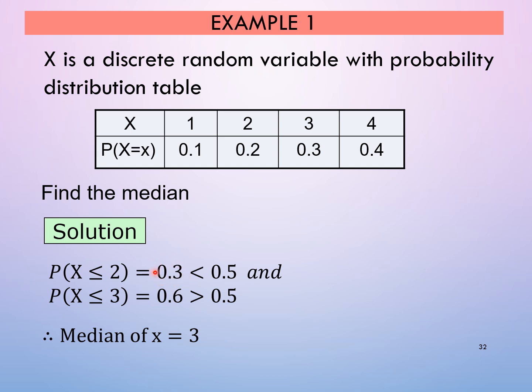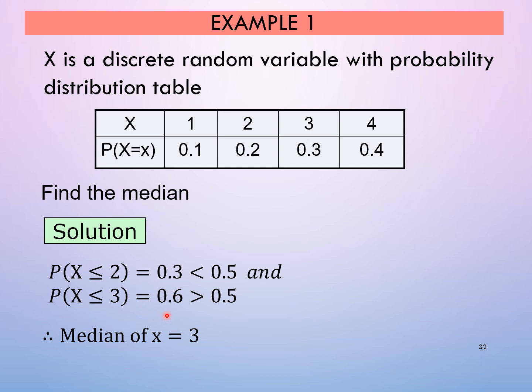This 0.3 value over here is less than 0.5. And we take another value, which is probability x less than or equal to 3. Similar to the previous one, for probability x less than or equal to 3, you have to sum up 0.1 plus 0.2 plus 0.3. Then you get 0.6.